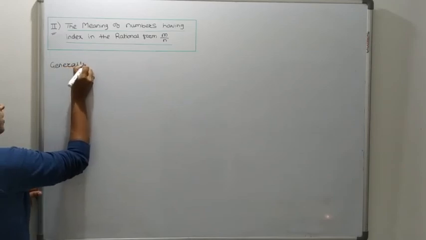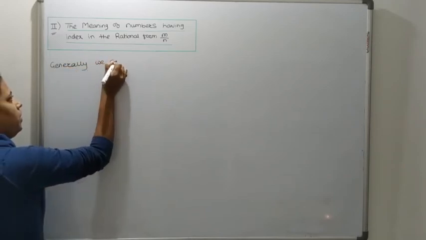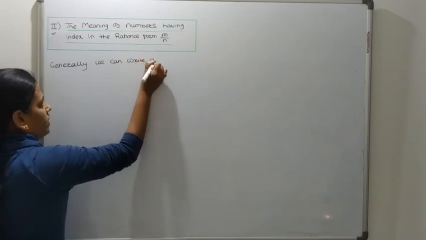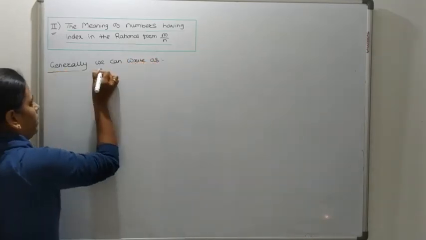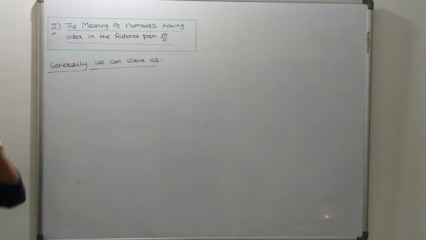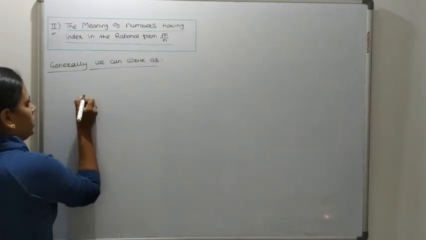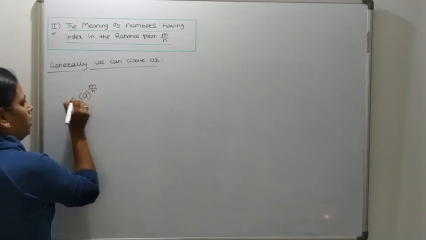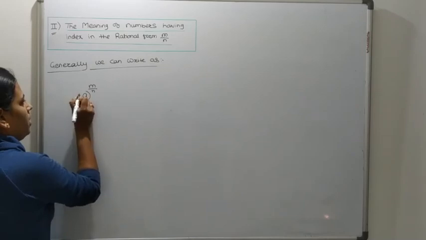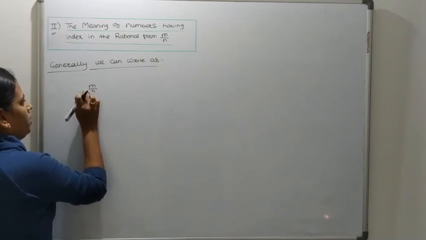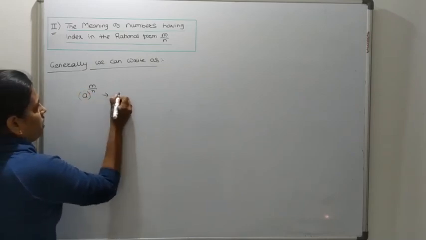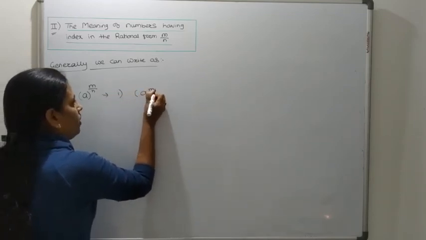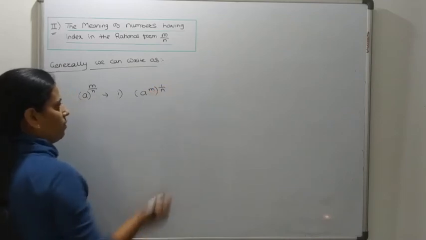Generally, we can write it as follows. What is the general format of this? Suppose your number is in the form of a raised to m upon n. Your first thing is a raised to m, and out of the bracket there is 1 upon n.